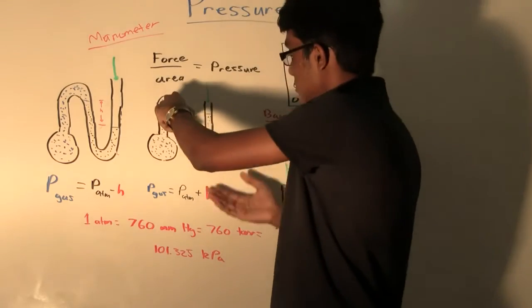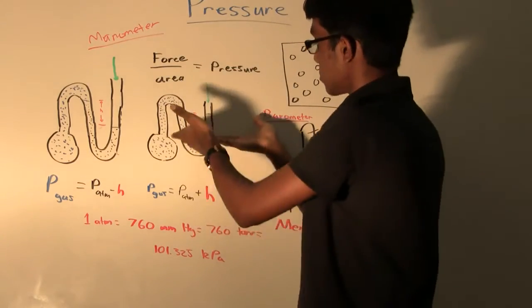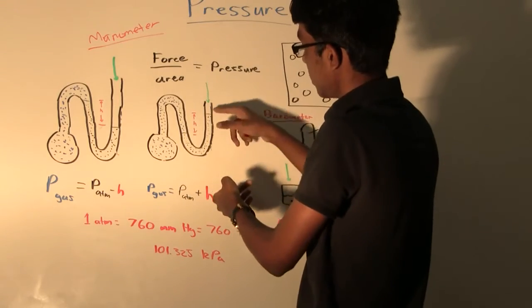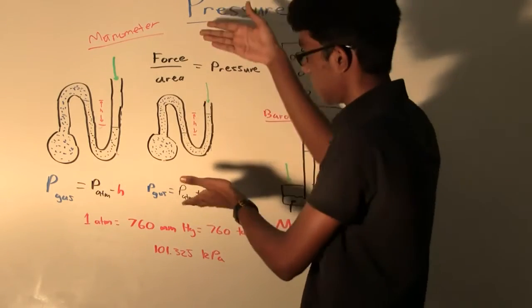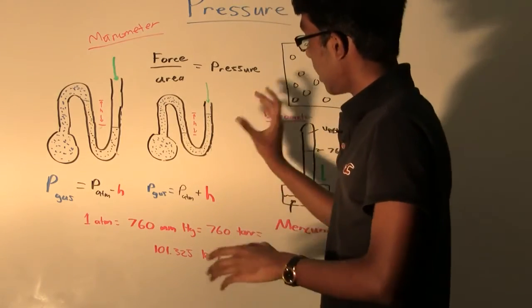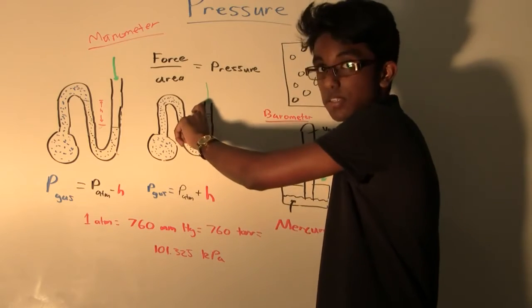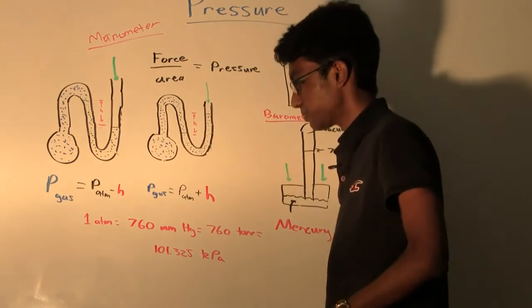But now the gas is pushing on the mercury more than the atmospheric pressure, right? So that's why the level is higher here, because the atmospheric pressure is not able to push down as much, and the gas is pushing on the mercury. So in that case, the pressure of the gas will be the pressure of the atmosphere plus the difference in the heights here and here.